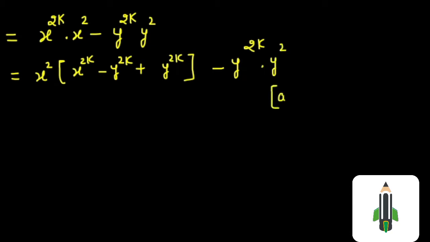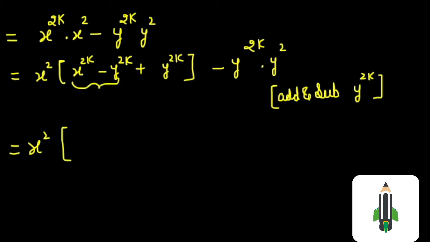To make use of equation first, we can add and subtract y raised to the power 2k in the first term. So x square is outside the bracket and x raised to the power 2k minus y raised to the power 2k plus y raised to the power 2k.